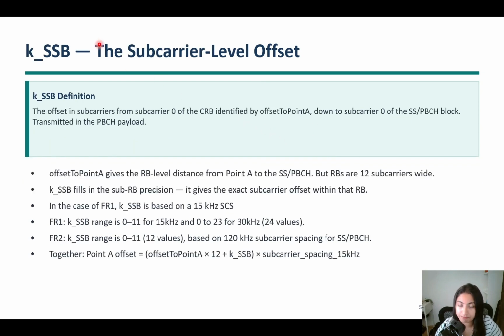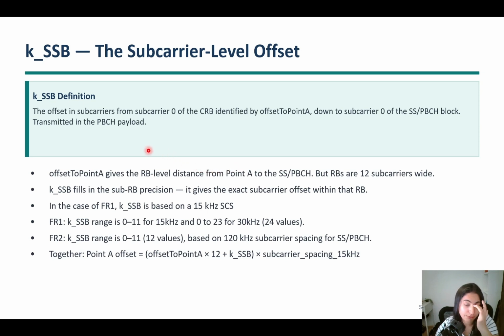Then let us look at KSSB. While offset to point A gives you the resource block distance, it gets you to only about 12 subcarriers within the SSPBCH block. So KSSB provides that final precise subcarrier level frequency offset. This is the subcarrier offset from the edge of the common resource block pointed to by the offset to point A down to subcarrier 0 of the SSPBCH block.